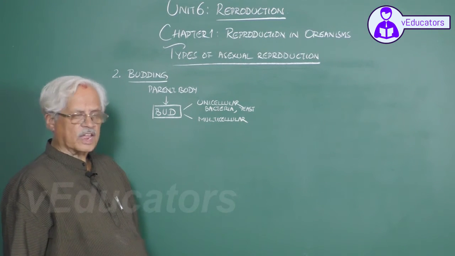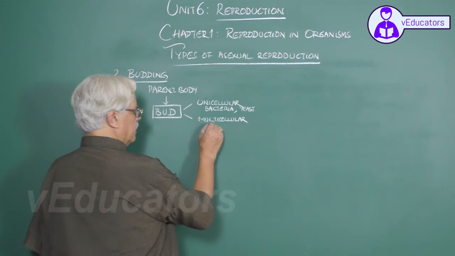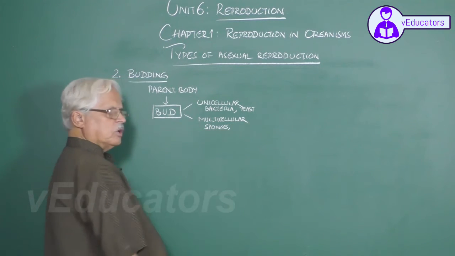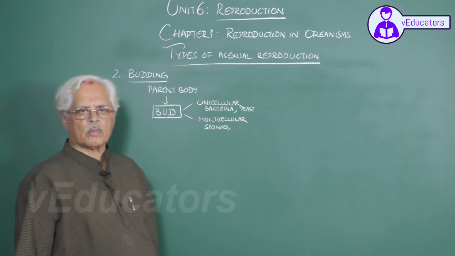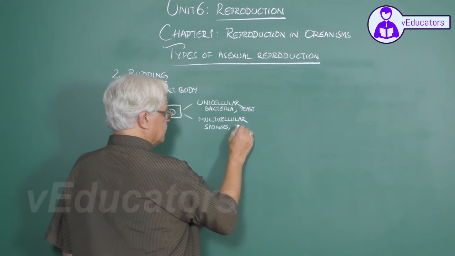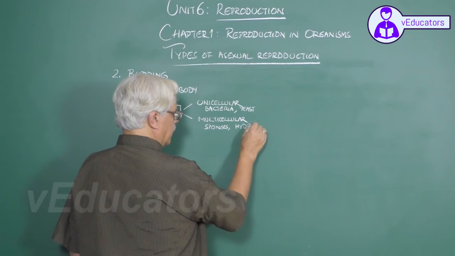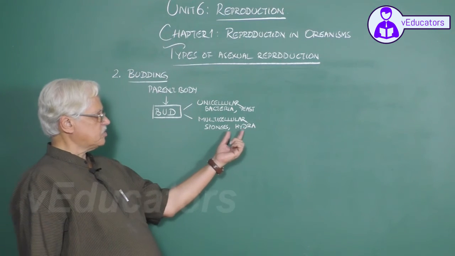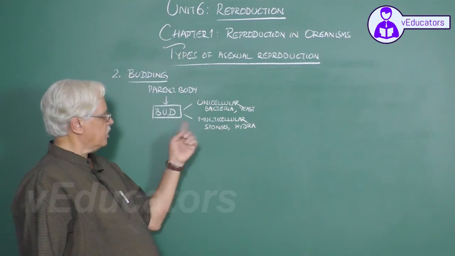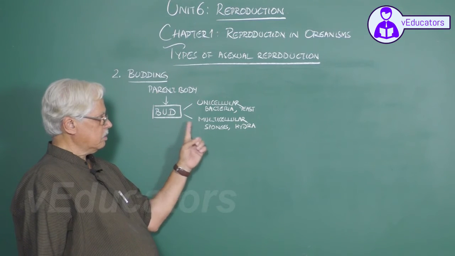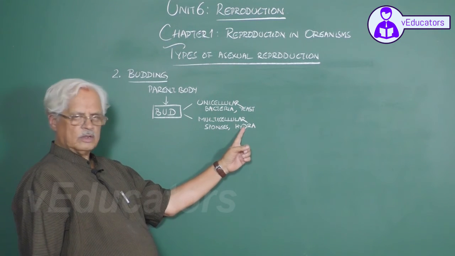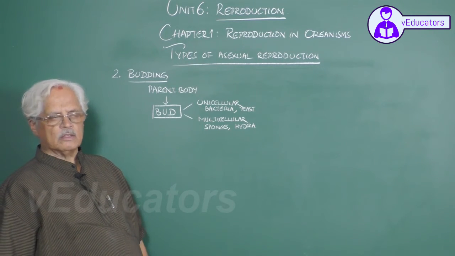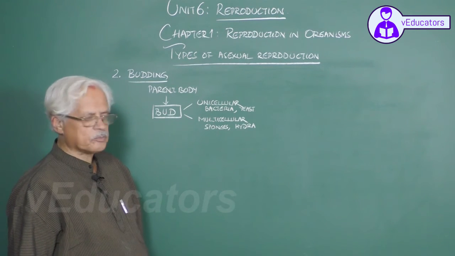In multicellular organisms, budding is observed in sponges and coelenterates like hydra. Both in sponges and hydra, the parent body develops a bud. The bud grows into an adult, gets separated and starts leading an independent existence.